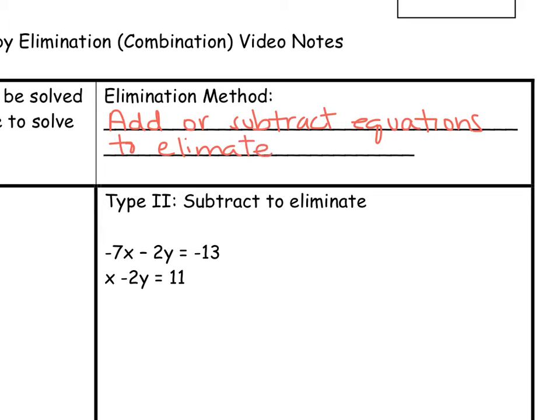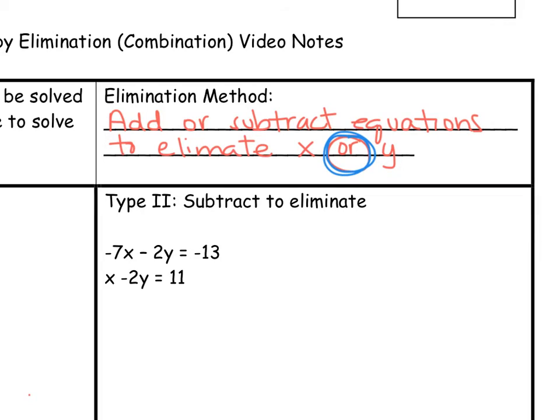So we're either going to eliminate x or y. Notice it says or. We're not going to eliminate x and y. We're going to eliminate x or y.